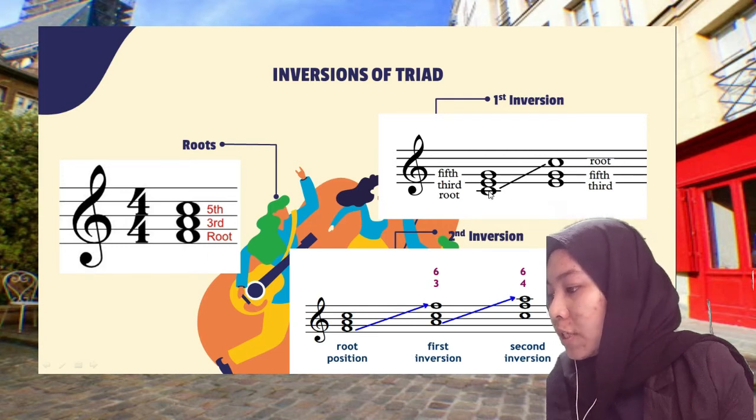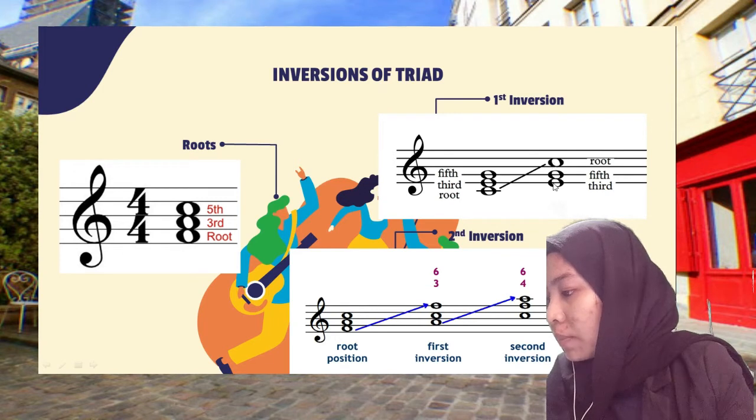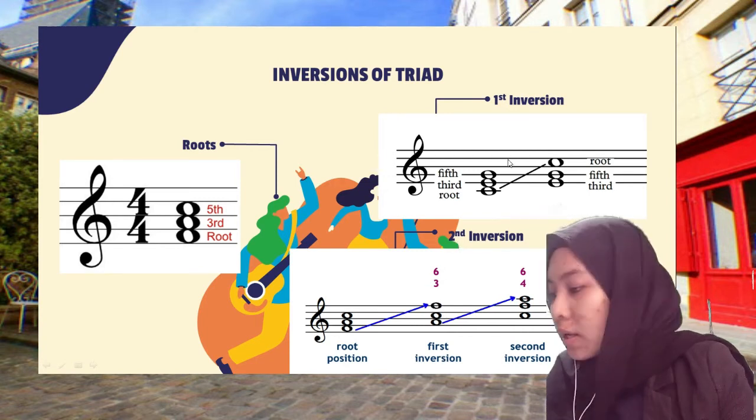For the first inversion, the root is moved after the fifth here. And then the second inversion is moved from the first inversion.